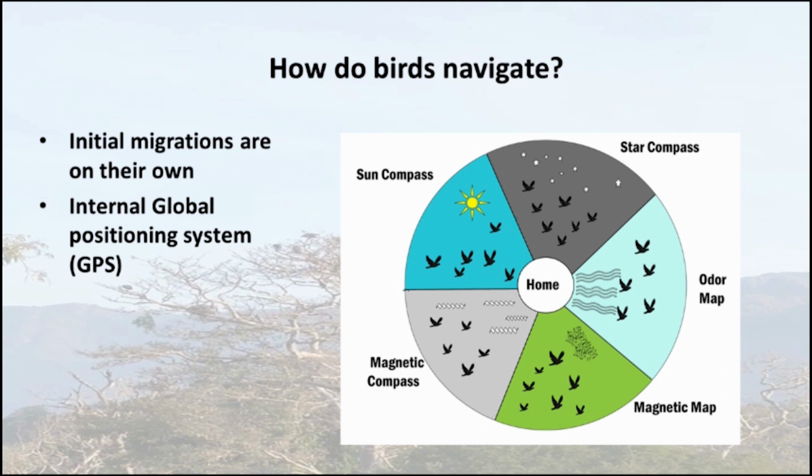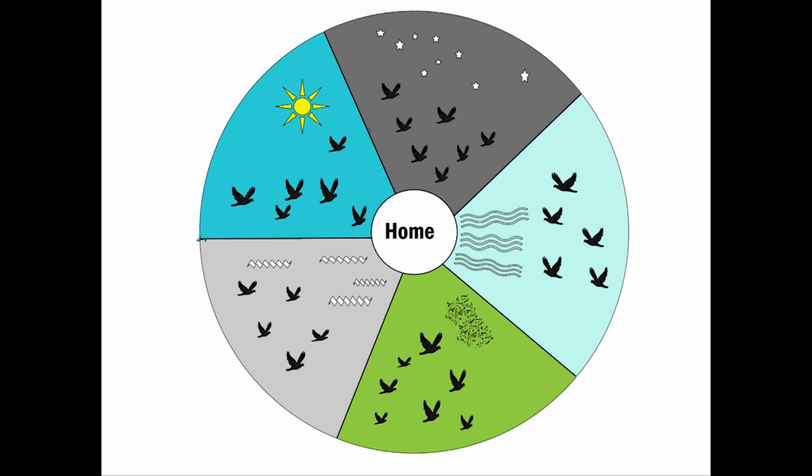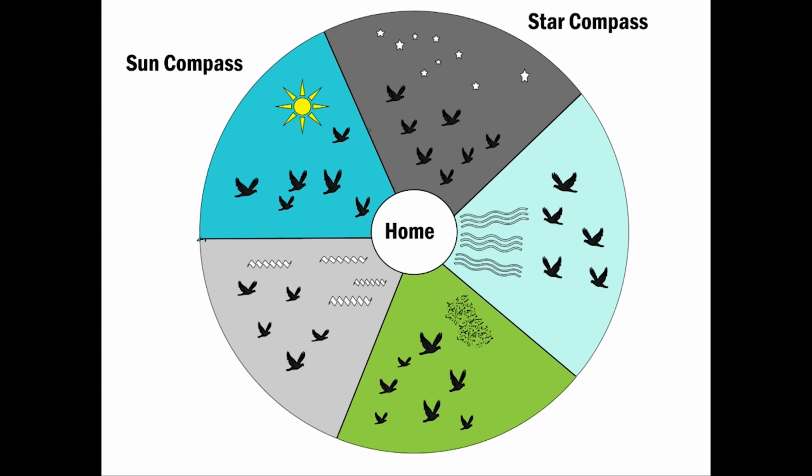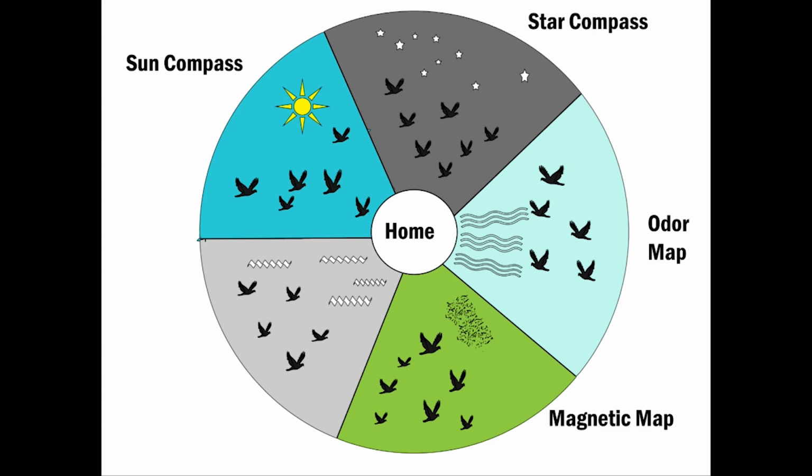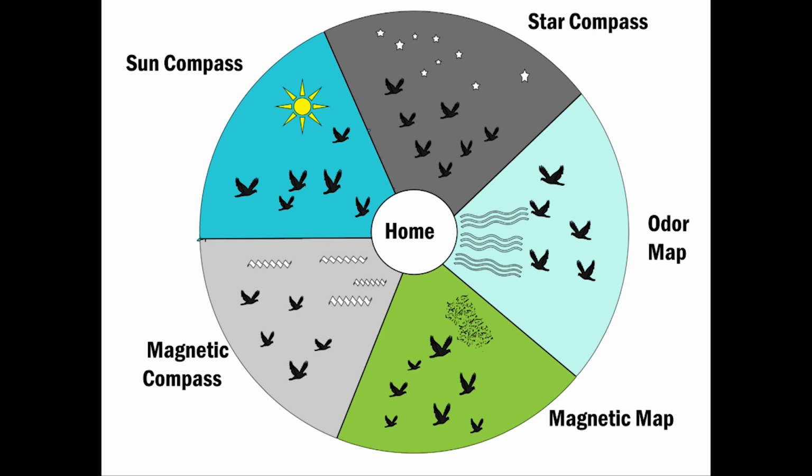Birds can get compass information from the sun, the stars, and by sensing the Earth's magnetic field. They also get information from the position of the setting sun and from landmarks seen during the day.